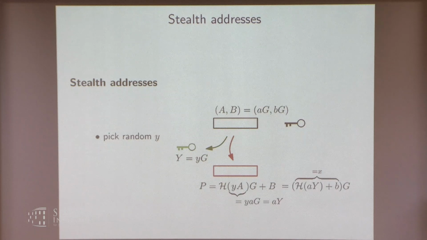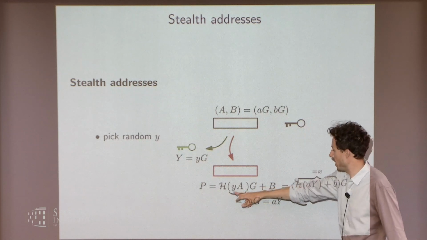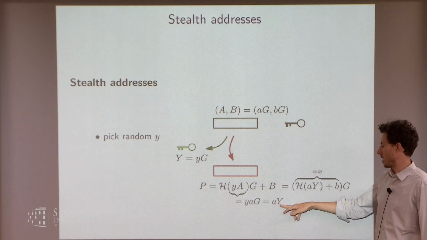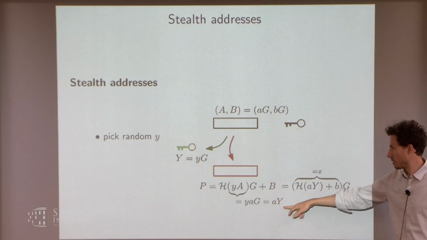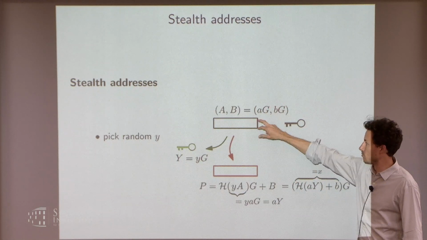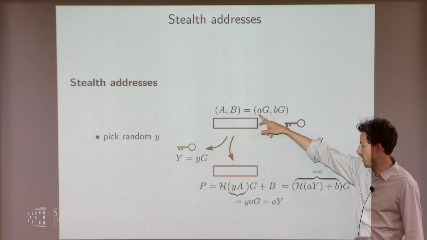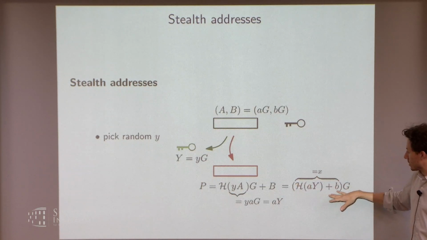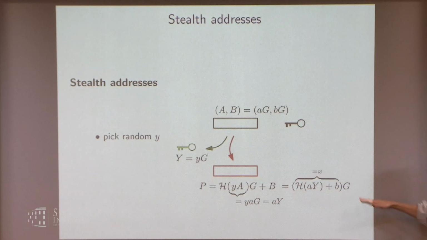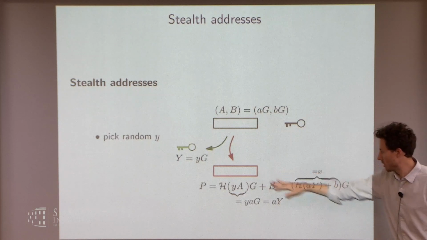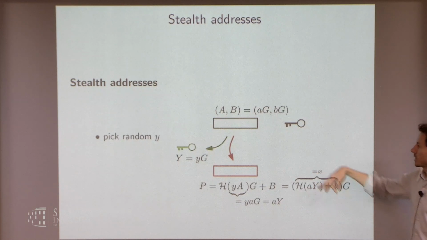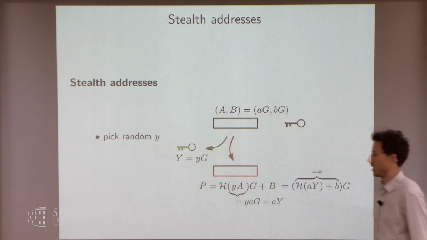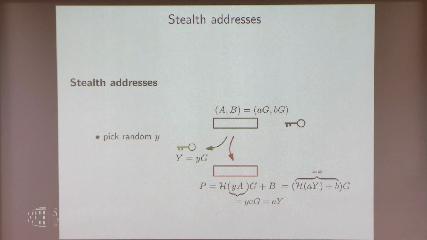So the sender has created it by knowing small y, but it's actually equivalent to small a times capital Y, which means that the owner of this address who knows small a can also compute this value. And if you look at this equation, you see that the secret key for this new address is actually a value that can be computed from the secret key of the old address plus this capital Y that must be sent to the receiver.